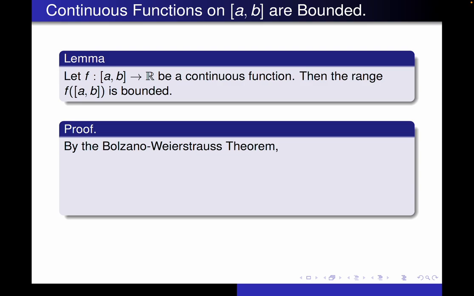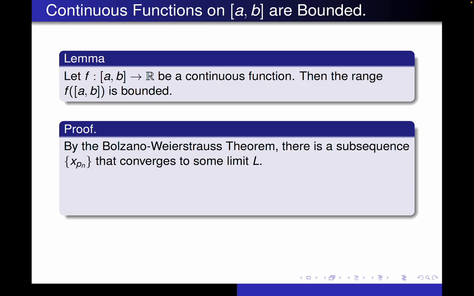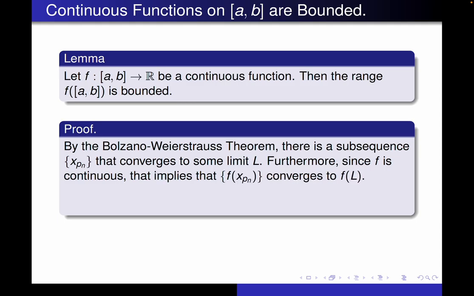So by Bolzano-Weierstrass, what do we have? There's going to be a subsequence x_pn that converges to some limit L. That's true for every bounded sequence. Furthermore, since f is continuous, that implies that f of x_pn is going to converge to f of L, right?